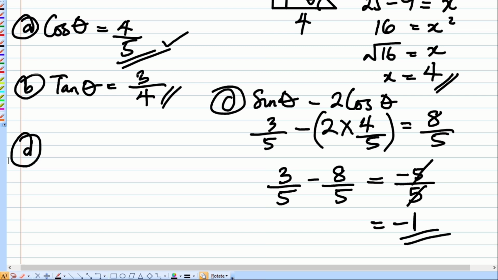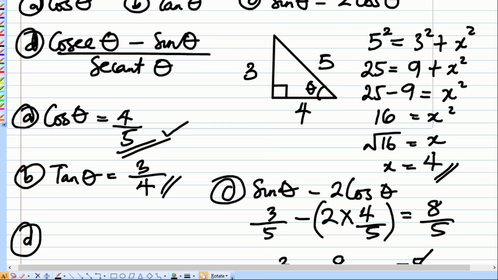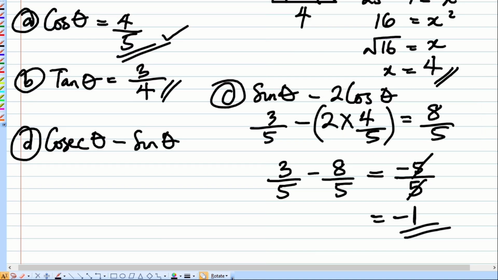Let's go and confirm the question again. So the D part is cosec theta minus sine theta divided by sec theta, divided by secant of theta. Now, what's cosec of theta? Remember, I said that cosec is the inverse. That means turn it upside down.